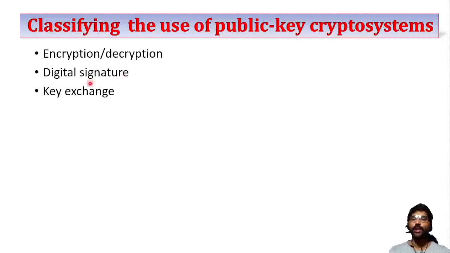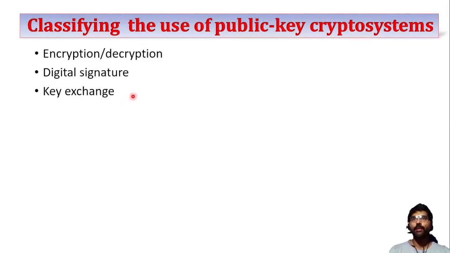The second classification is digital signature. Digital signature means that along with the plain text we add an additional code and send it to the receiver. The receiver has to decide whether the plain text has been modified, whether the integrity of this plain text has changed. In that case, it is better to use the private key for the encryption technique.